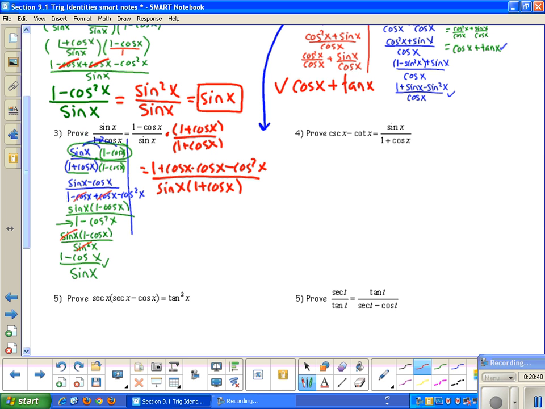And then when I do this, these two terms cancel out because they're like a plus and minus 1. So then we get 1 minus cosine squared x over sine x times 1 plus cosine x.